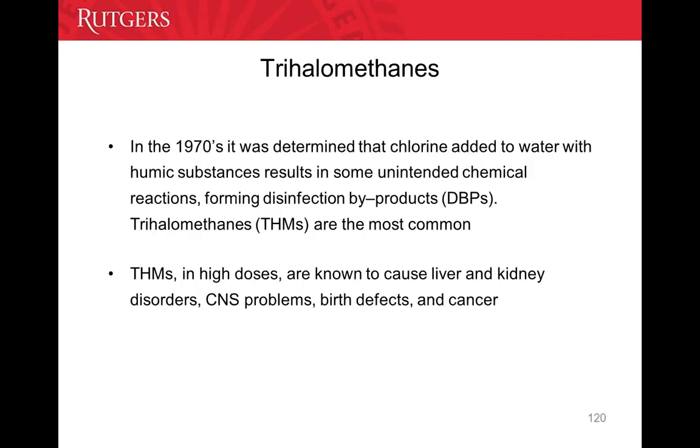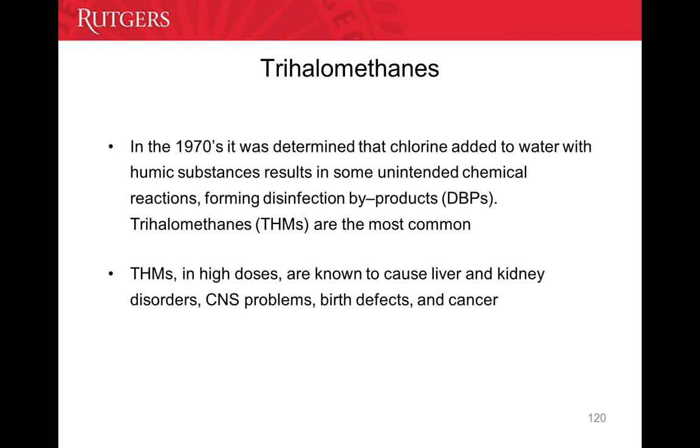The trihalomethanes are worth discussing. In the 1970s, it was determined that chlorine added to water that has humic substances would produce some unintended chemical reactions, forming something that we call DBPs, the disinfection byproducts. The major DBP is a THM, a trihalomethane.